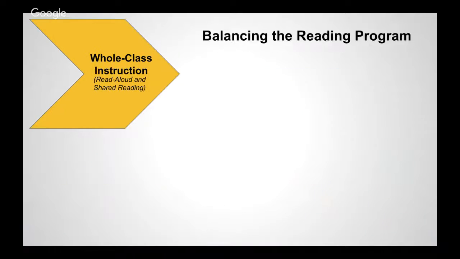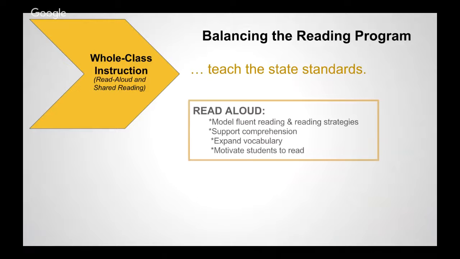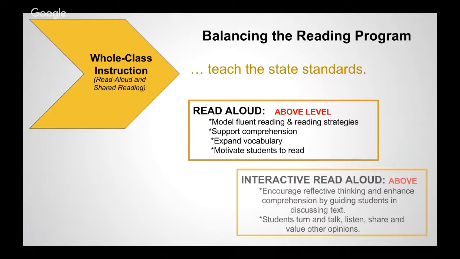So we look at whole group instruction, and we talk about read alouds, whole group, shared reading. What are we doing primarily in whole group instruction? We're teaching the state standards. In a read aloud, we know from our integrated model that that's the model of text complexity. We're going to be reading above, modeling comprehension, reading strategies, motivating reading.